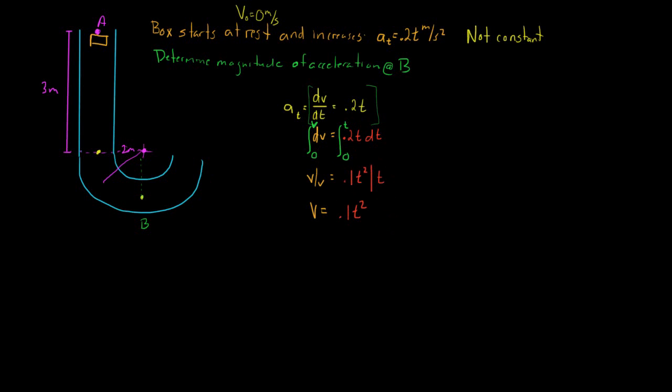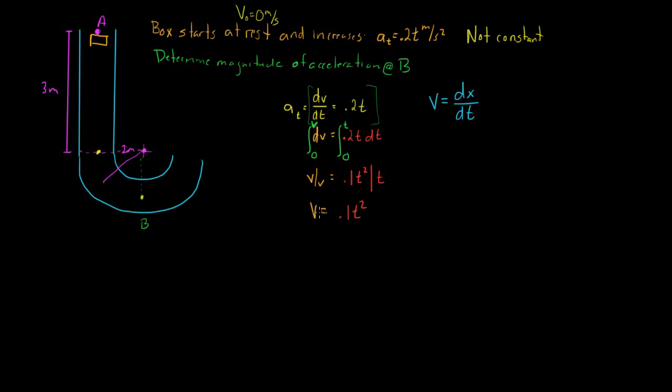So now we have an expression for velocity, and we also know that velocity is equal to the derivative of x with respect to time. Just like we had an expression for acceleration, we now know what our velocity is.